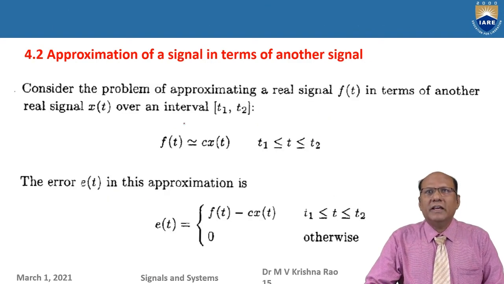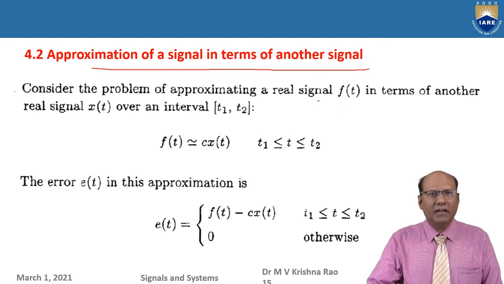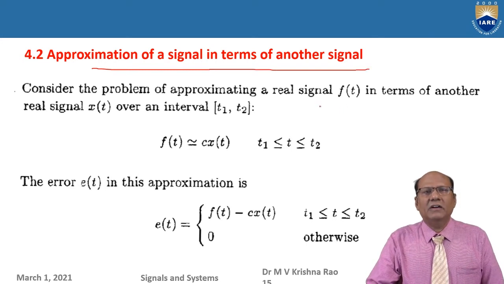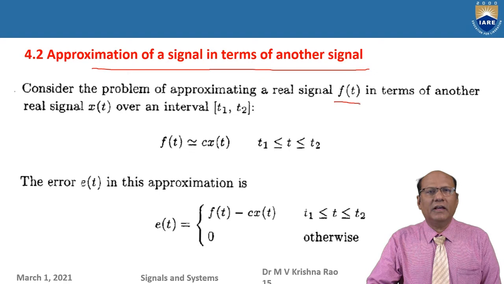Now, in the same spirit, I want to approximate a signal in terms of another signal. So here signal, or I can say function, and first I consider real signals, real functions. So there is a function f of t here.